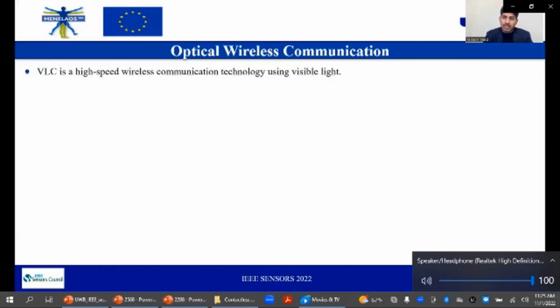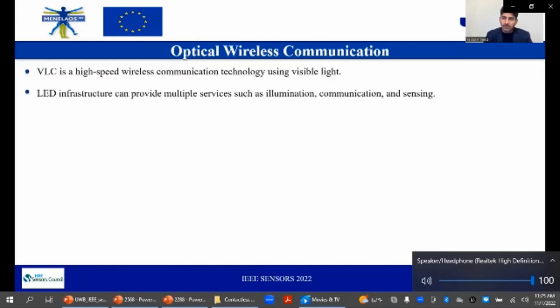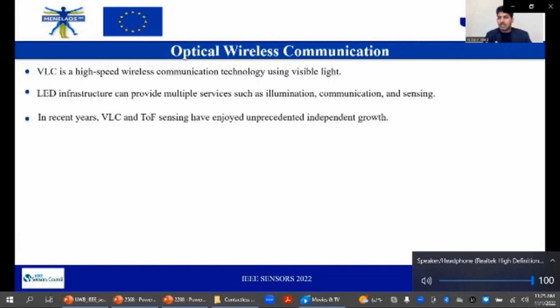In the last few years, the lighting infrastructure has transitioned from lamps to light-emitting diodes. This LED-based infrastructure can provide multiple services like illumination, communication, and now it may provide 3D sensing services. In the past, VLC and time-of-flight sensing have developed independently in a wide range of applications.